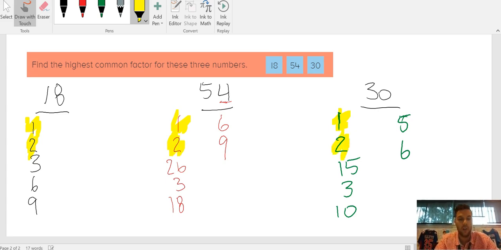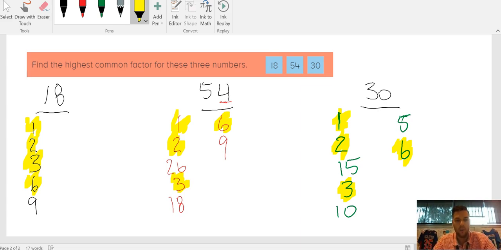Now, 3 goes into 18, it goes into 54, and it goes into 30. 6 goes into 18, it goes into 54, and it goes into 30. 9 goes into 18, 9 goes into 54, 9 doesn't go into 30, so we can undo that. I'm not going to highlight 9.